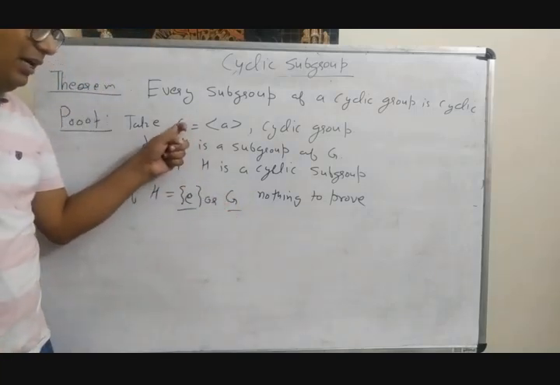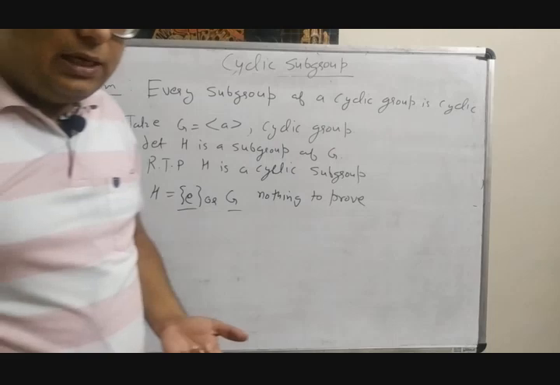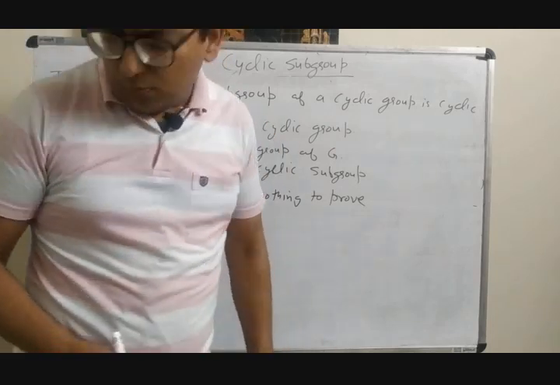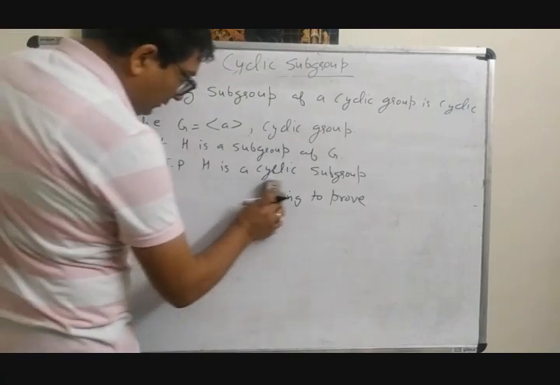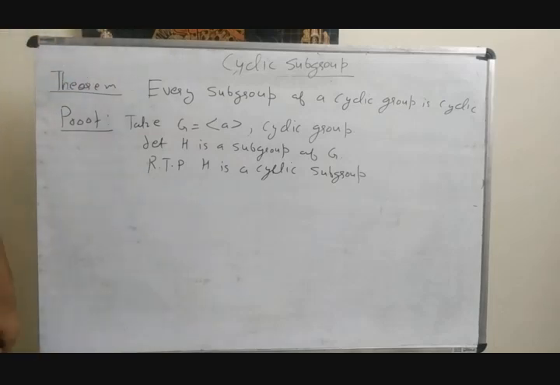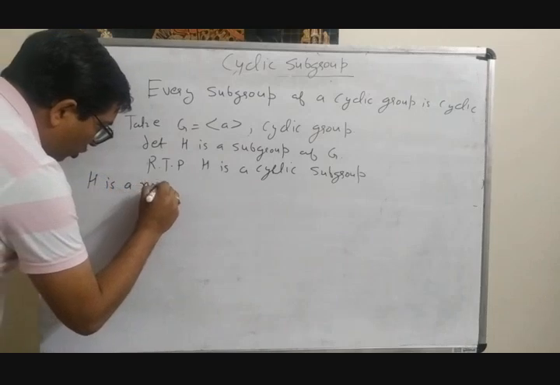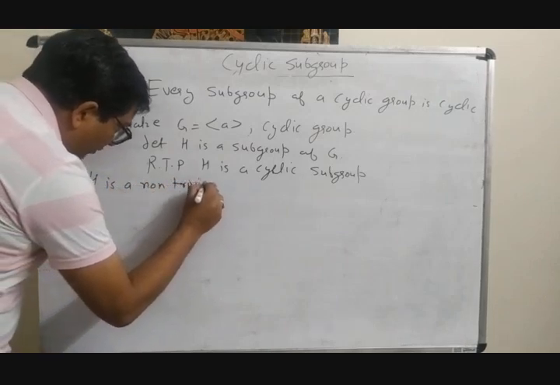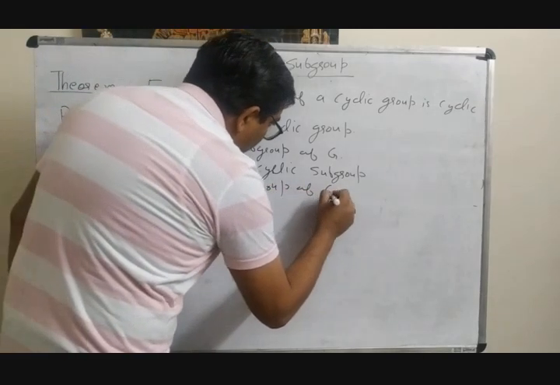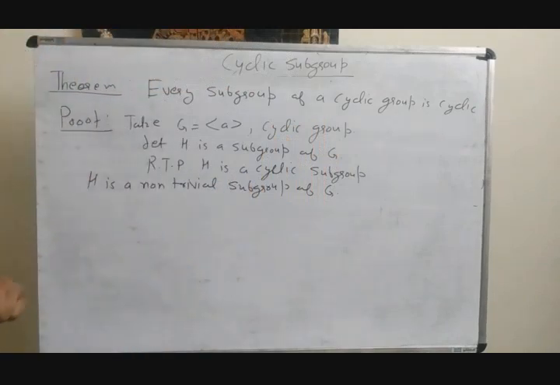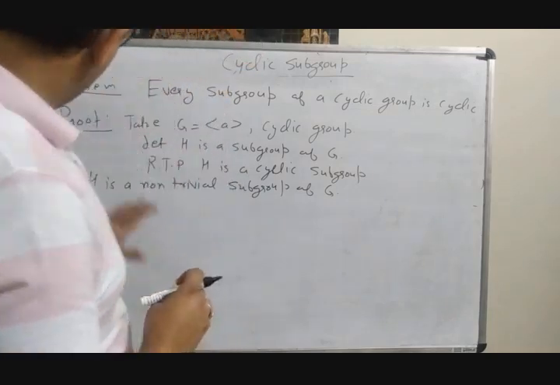G itself is a cyclic group, and the single identity element can be generated by E itself, so it is also a cyclic subgroup. Now let us take H a non-trivial subgroup of G. It means H is not equal to G and H is not equal to the set containing the identity element only.